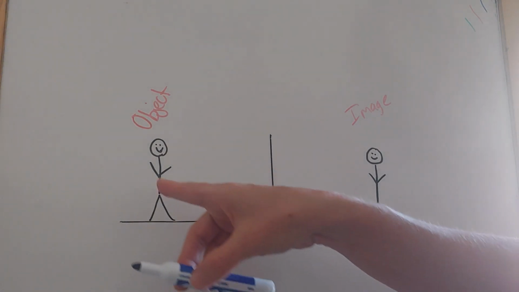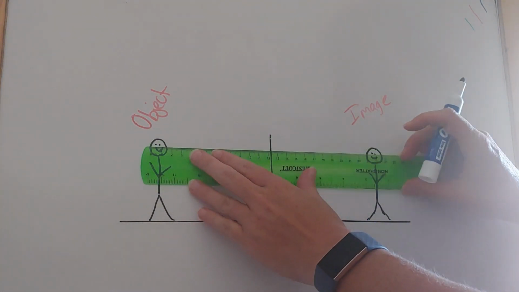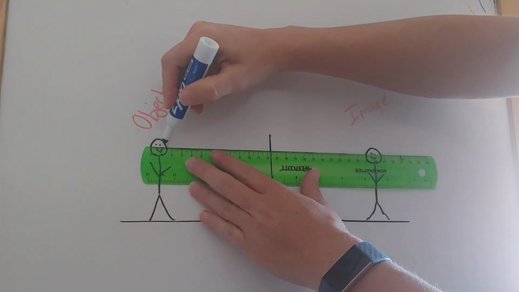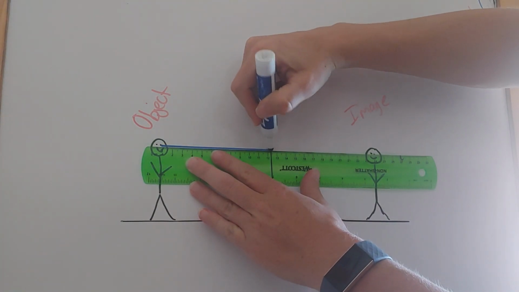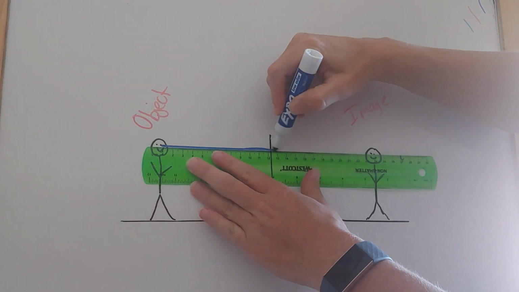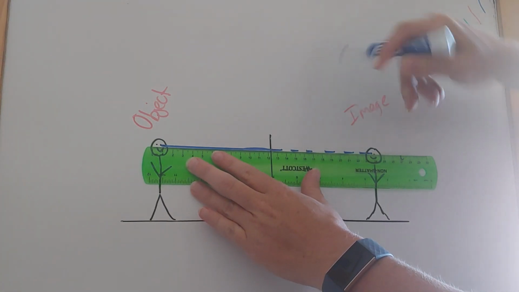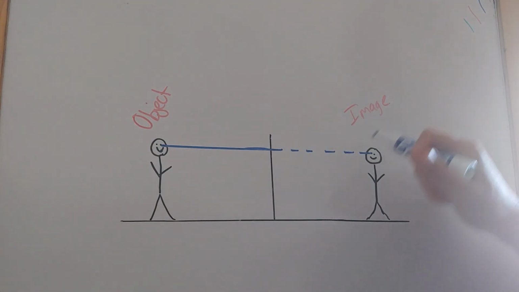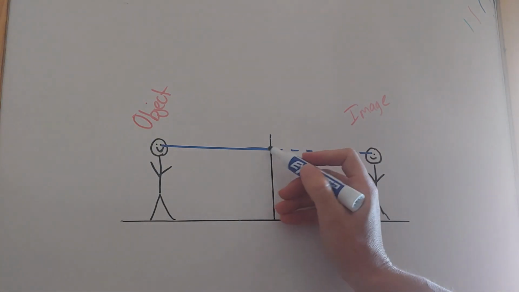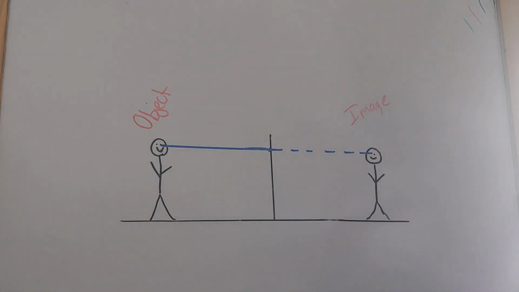If this little guy wants to look at the top of his head or his eyes, he just lines up directly like that. And when he looks, it bounces off the mirror and actually comes back so he can see. What it appears to be doing is going through the mirror to where his virtual image would be. But really what's happening is right here, it's bouncing off so he can see his eyes.